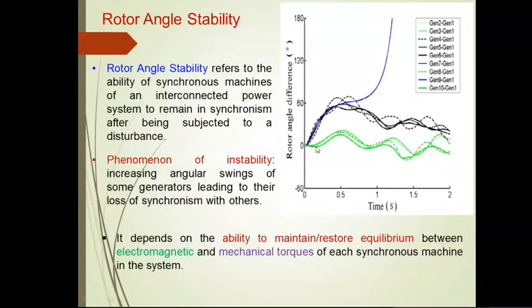Then you find here that there is a rotor angle oscillation, that means rotor angle difference oscillation, of these generators. Then again, you have black plots for some other generators here. You find that the oscillations of these black plots are very much different from those of the green plots, and they are of a higher magnitude of oscillation, right?